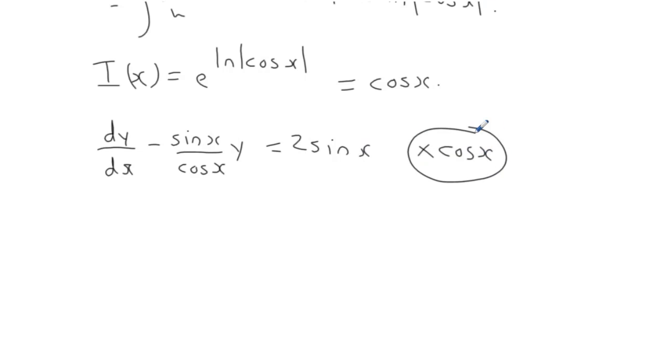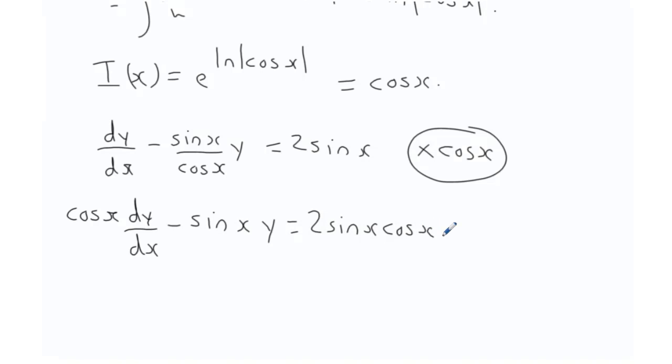So once we do that, we're going to have cos x dy by dx minus, well, sine x over cos x times cos x is just sine x, so minus sine x times y equals 2 sine x cos x, which potentially we might need to write as sine 2x later on.